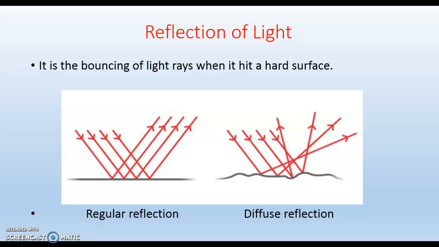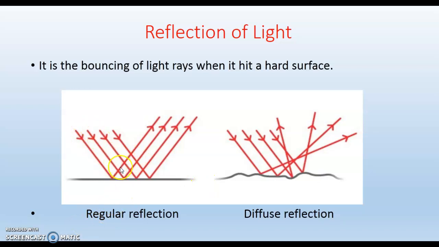Reflection is the bouncing of light rays when it hits a hard surface. That is, when a light ray hits a hard surface, it bounces back, and that's what we refer to as reflection. Depending on the surface that is reflecting the light, we may have what we call regular reflection or diffuse reflection. Now look at regular reflection.